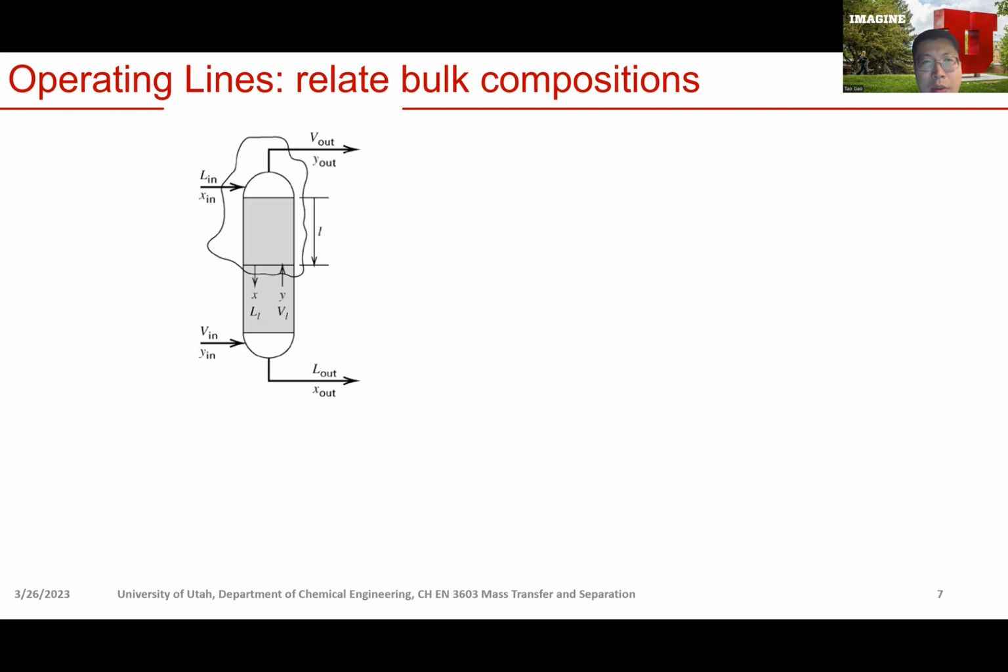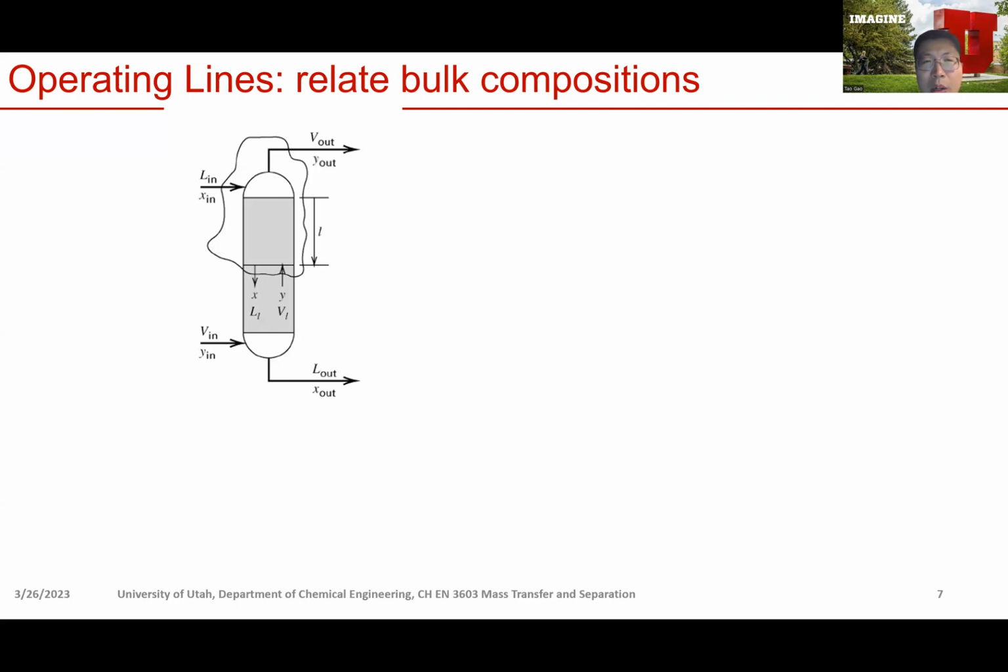Okay, and we reviewed briefly the two-film theory, which is a theory we use to analyze the mass transfer between the gas phase and the liquid phase, right? So recall in the two-film theory, we basically have four compositions, right? We have two compositions for the gas phase, right?